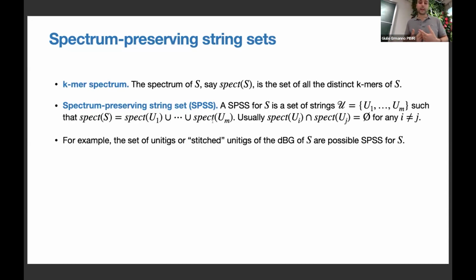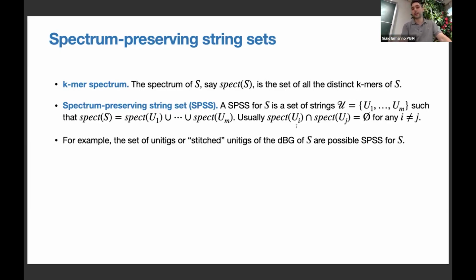And usually we also have this constraint. We have this property that if I take the pairwise intersections of the spectrum, the intersection is empty, for any i and j, of course. So this means that a given k-mer appears only once in one of my strings in my SPSS.